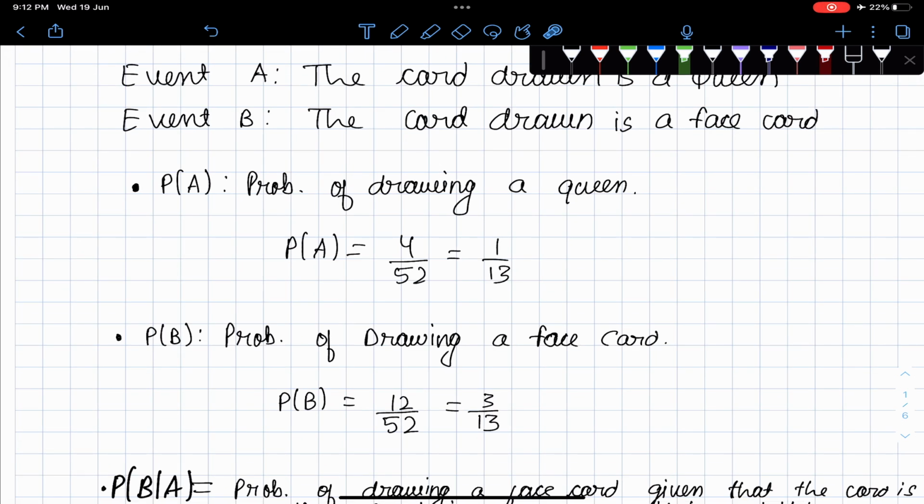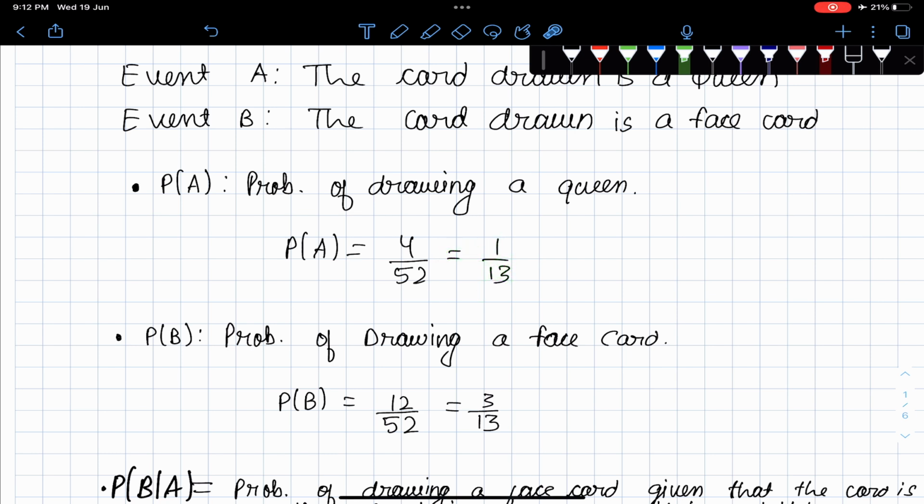By classical probability, the probability of getting a queen card is the number of favorable outcomes divided by the total number of outcomes. We have four queen cards in the whole 52 cards, and after simplifying we get 1 by 13.